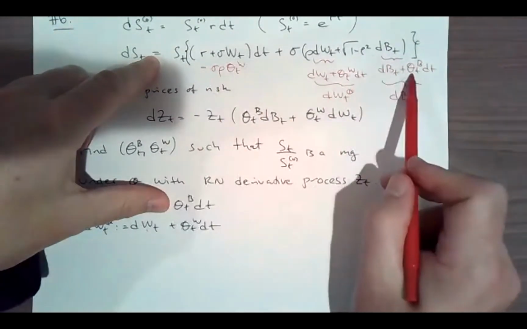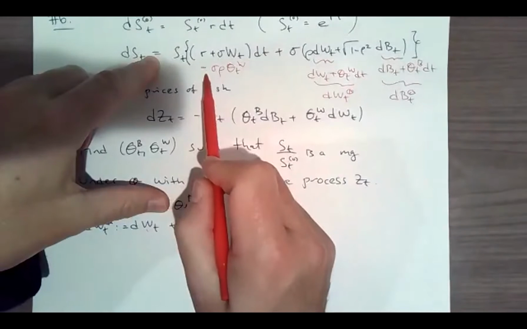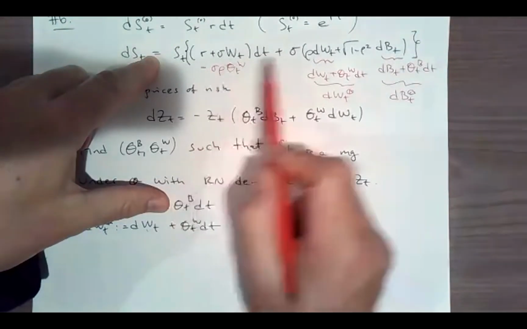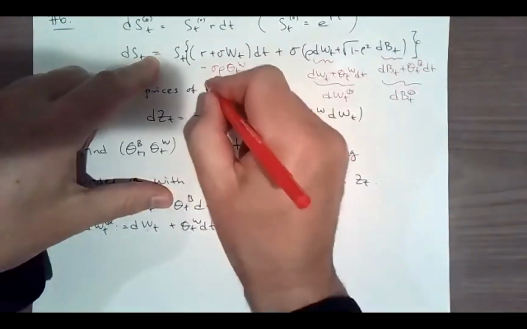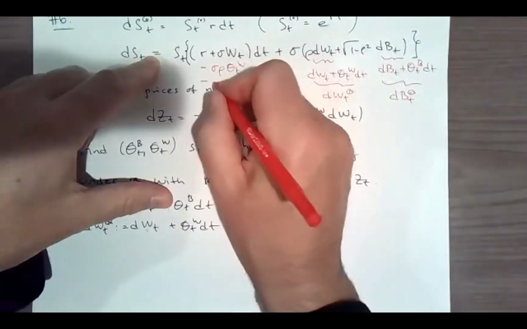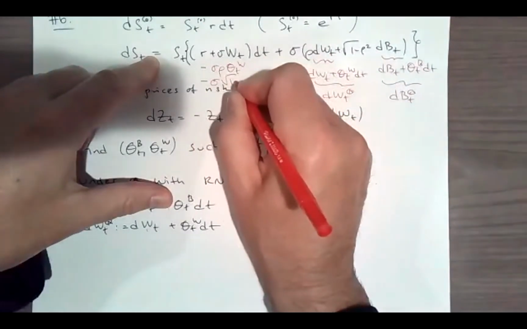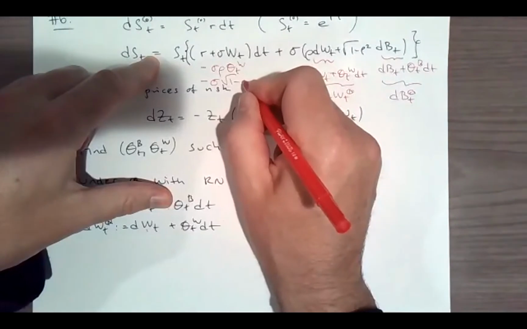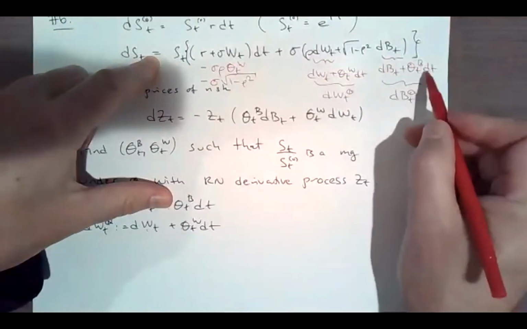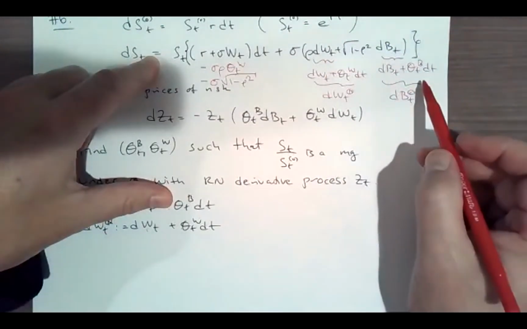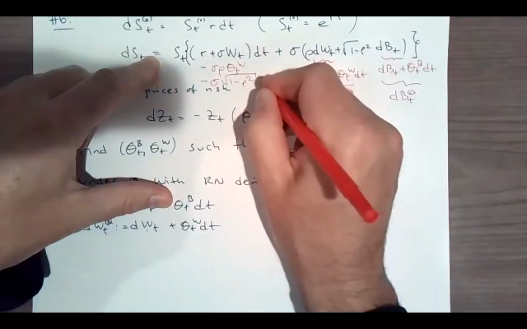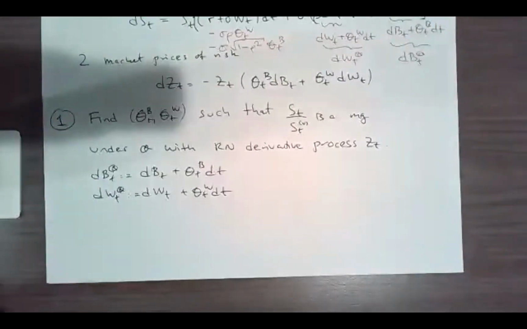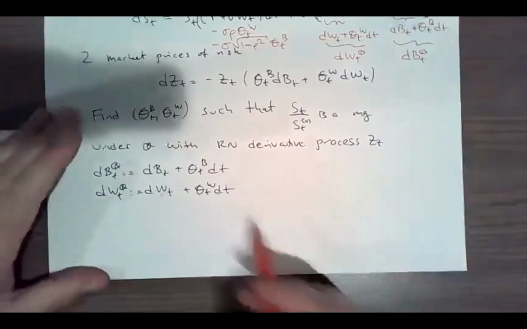The same thing if I want to add something over here, I got to subtract over here. So here I'll get minus sigma, and it'll be root 1 minus rho squared, and then I'll have my theta tb, right?